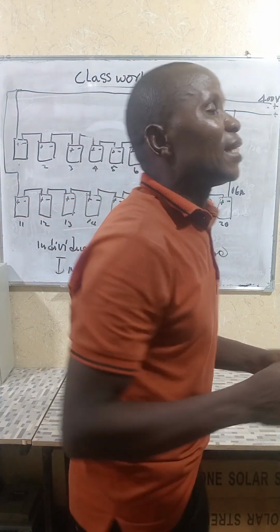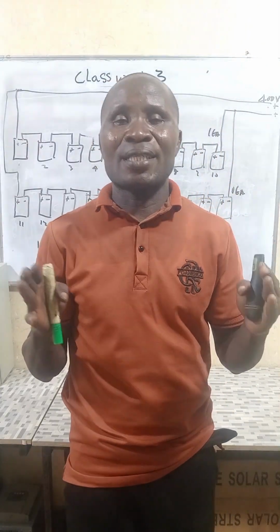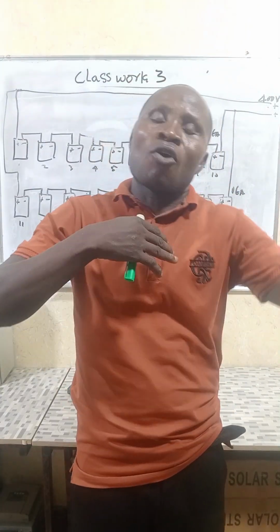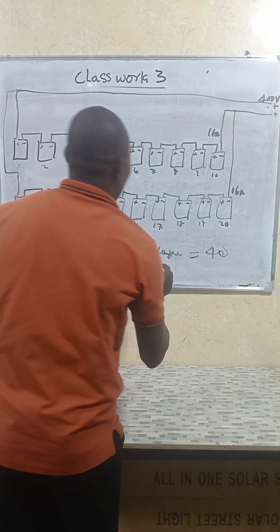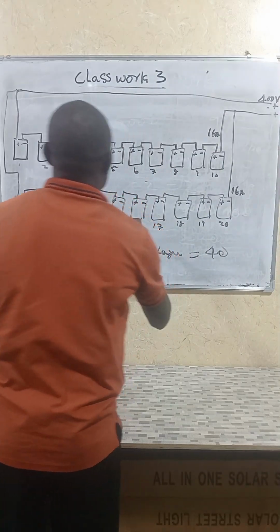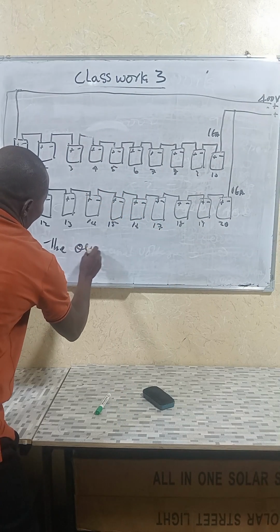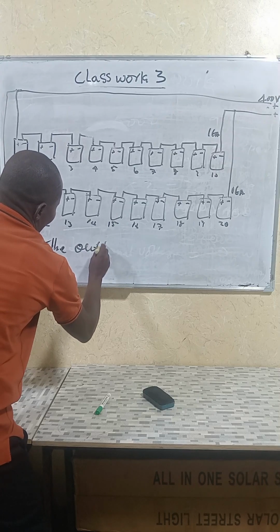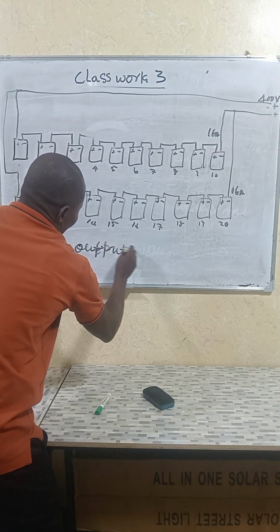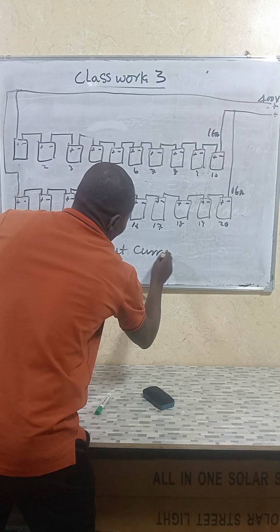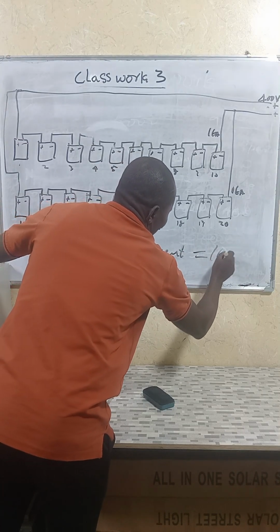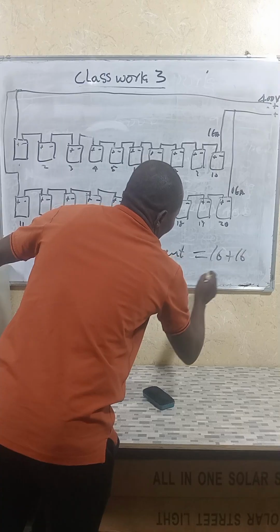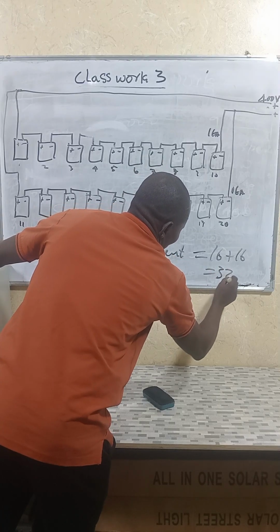So when you connect the 16 amps in parallel with the 16 amps, the currents add up. That is to say the output current is equal to what? 16 plus 16 equals what? 32 amps.